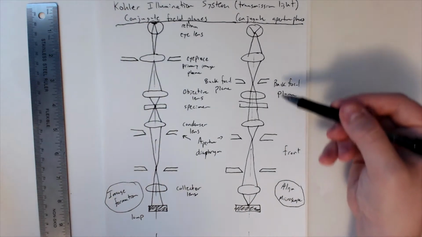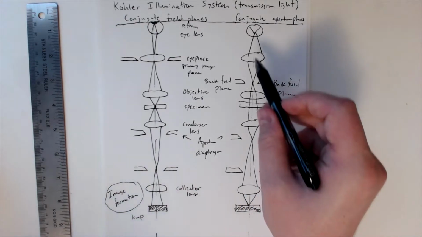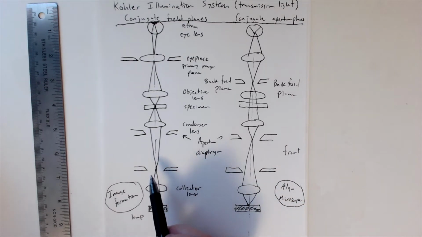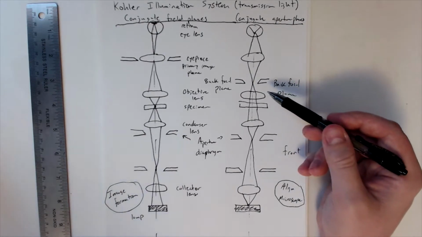So you can see that because of the initial form of light and it being divergent, this affects the overall progress of this, and you can see it's very different from the type of image. So this is not used for image formation. It's used to align the microscope because of the way that it's set up with these apertures.